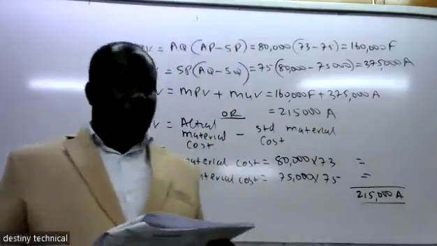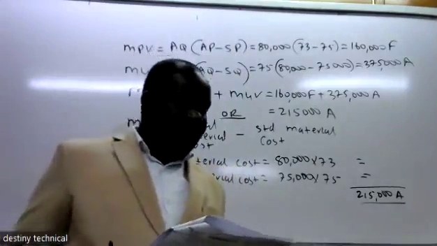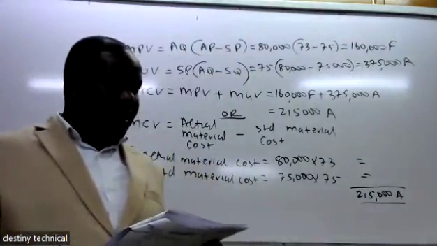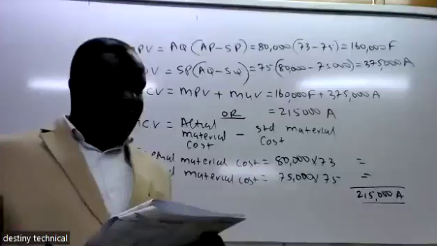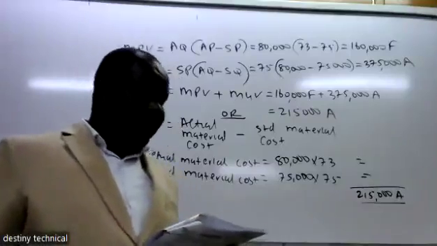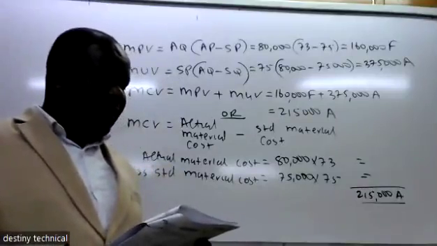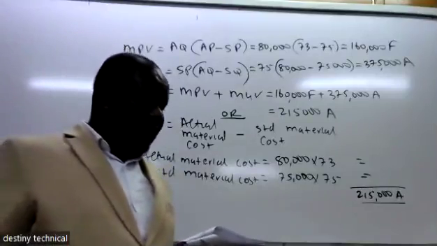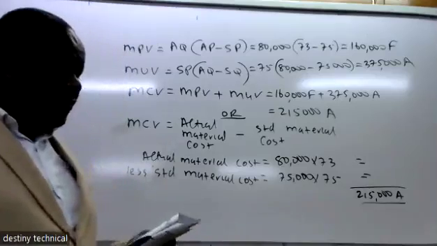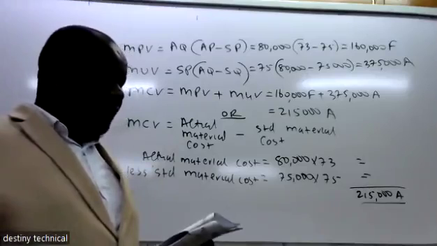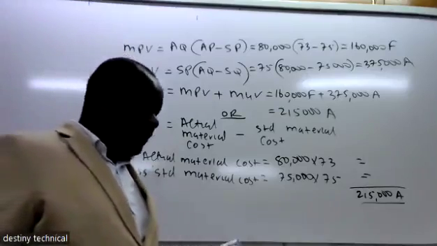Materials, 1 kilogram at 4 per kilogram per unit. Labor is 25 hours at 8 per hour. Those are 100 units. Then variable overhead was given as 48,000 for the budgeted period. Fixed overhead is also given.